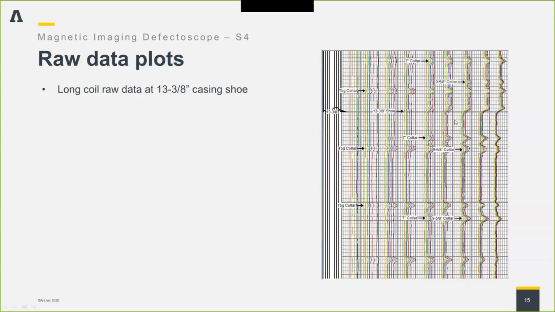And that is directly related to how much metal there is there. So we can see very clearly, and this is part of the QC that we do, the quality control, to make sure that we're actually reading correctly. Below here, you can still pick out the 7-inch collars. There's a tubing collar and a 9 5/8 collar right on top of each other. Tubing collar and the 7-inch and the 9 5/8 are on top of each other again. But we can discriminate all of those.